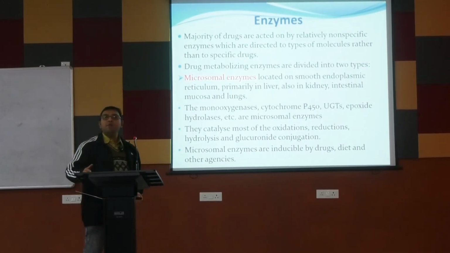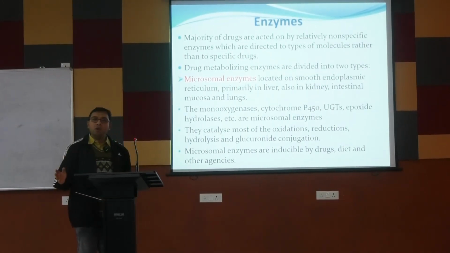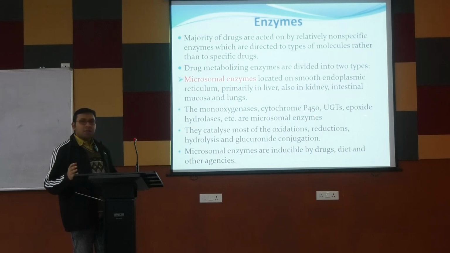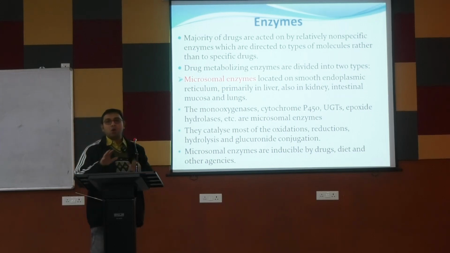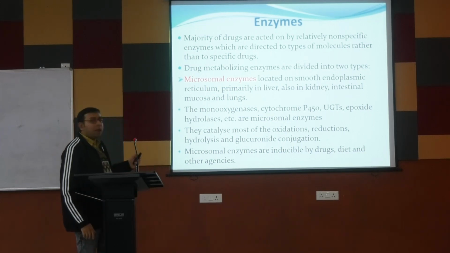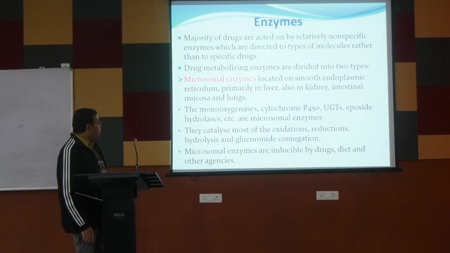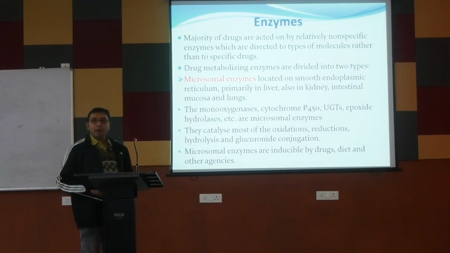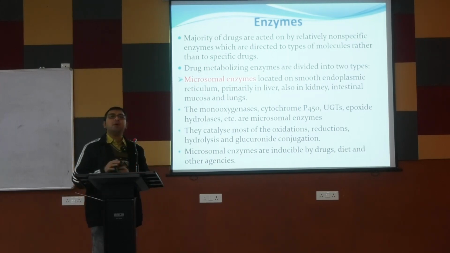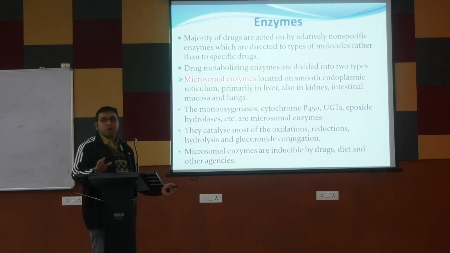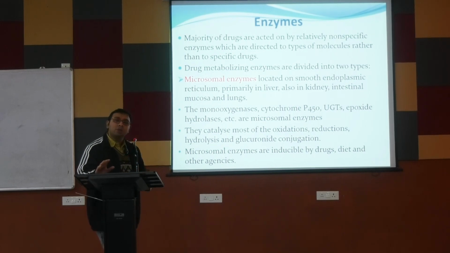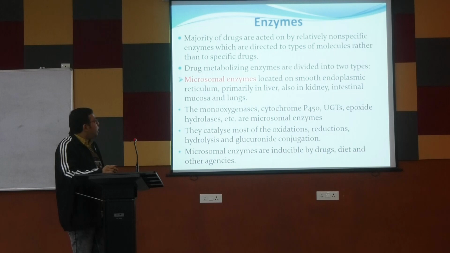That is the cytochrome P450, different other flavin monooxygenases, and UGTs involved in glucuronide conjugation, all come under microsomal enzymes. Okay. Microsomal enzymes are inducible by drugs, diets and other agencies. We have already read about the cytochrome P450 elaborately. So they are basically involved in drug-drug interactions and drug-food interactions, which I have discussed beforehand. So all these are microsomal enzymes.